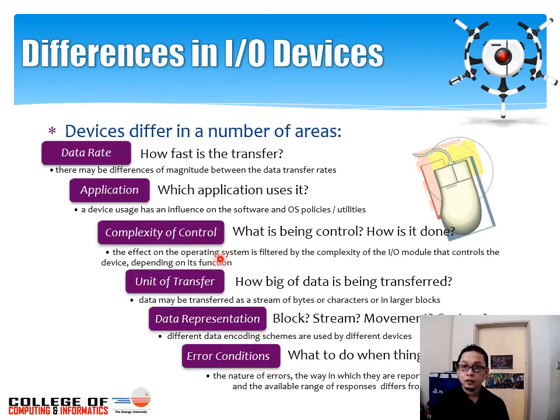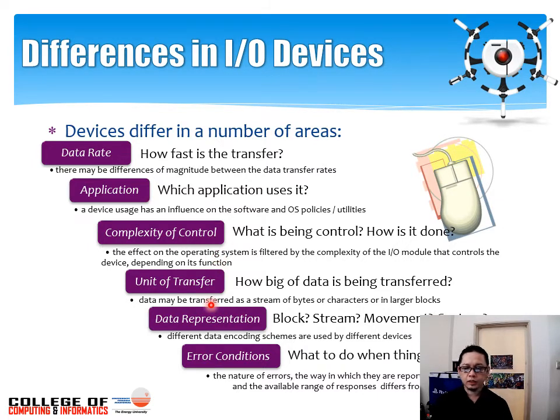Thirdly is the complexity of control. What is being controlled and how is it done? Sometimes the devices just accept user touch, for example, and sometimes the camera can detect your movement. So how fast is the response between the read of your face, for example, and the identification by the system of whatever it reads on the camera?